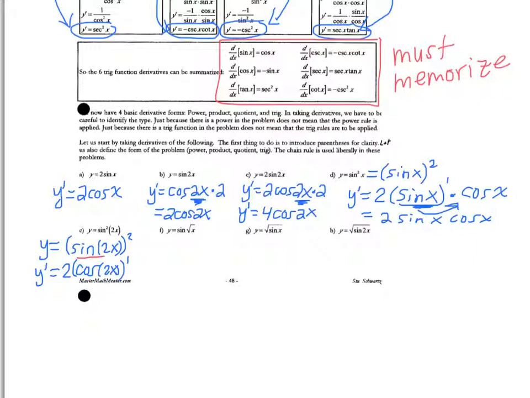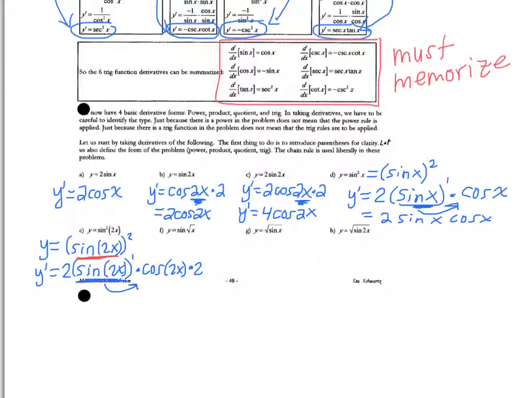Okay, so the inside is, oops, I'm sorry, that's not correct. Let me go back here. Alright, so we multiply that 2 down, and then we have the sine of 2x on the inside that comes along for the ride. And now we chain along its derivative, which would be the cosine of 2x times 2.